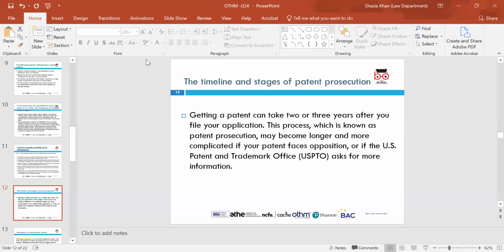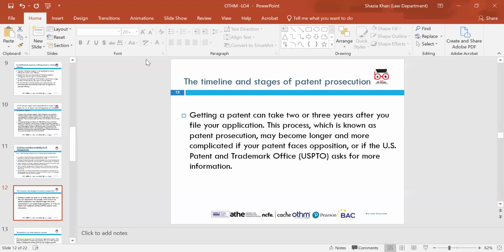Once all of these matters arising during the examination have been addressed, your application then proceeds to grant. At this point, you can celebrate your successful application, and you can now also exploit your monopoly against third-party infringers in the UK. So that is the UK application timeline, patent prosecution timelines and stages.